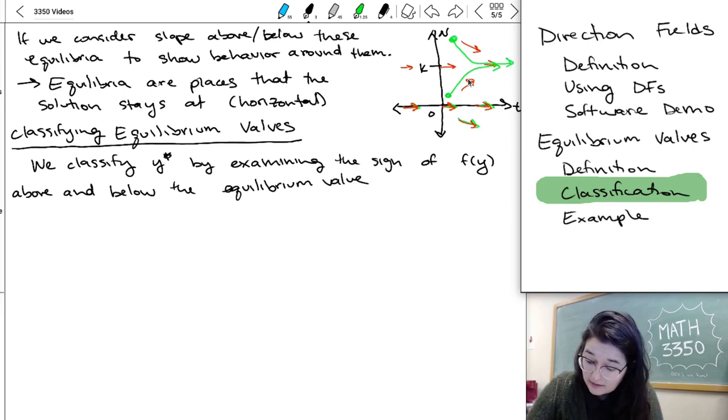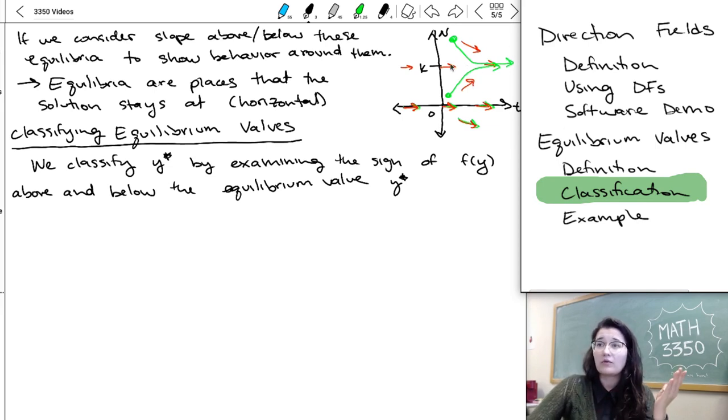That's our y star. In the example I showed you briefly, to know when the solution becomes K, I had to think about what happens if you start below K and what happens if you start above K, and in both cases my solution's headed in that direction. That's why I have to examine the sign above and below the equilibrium.